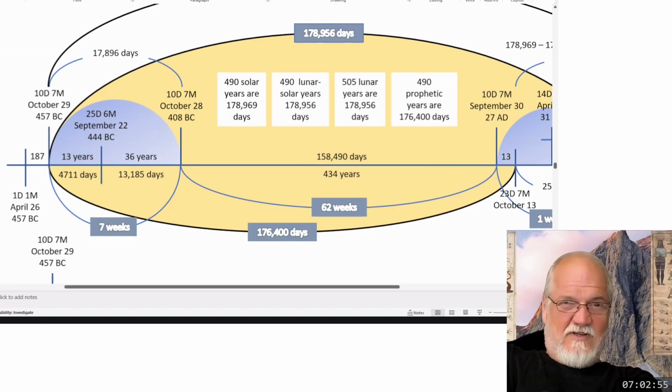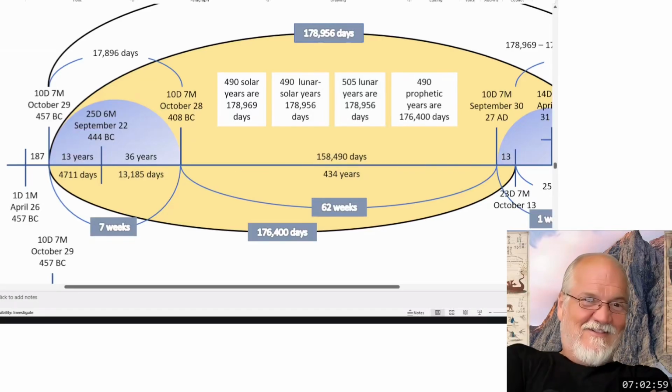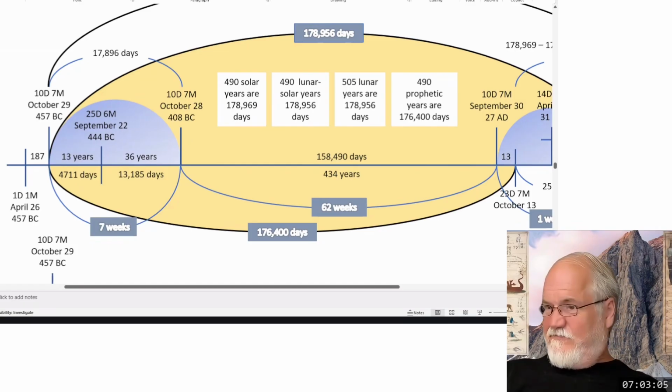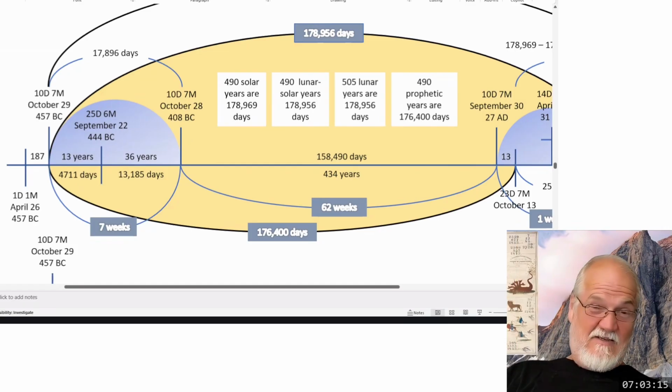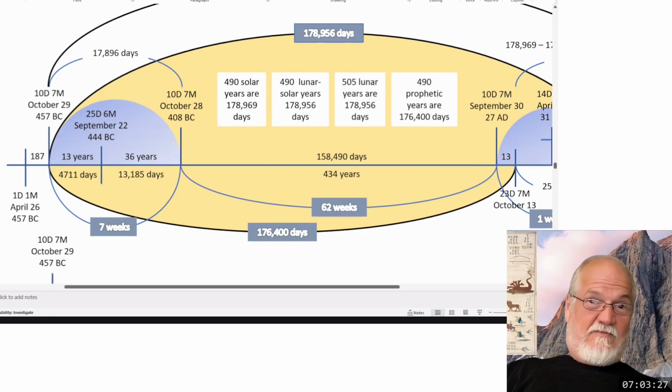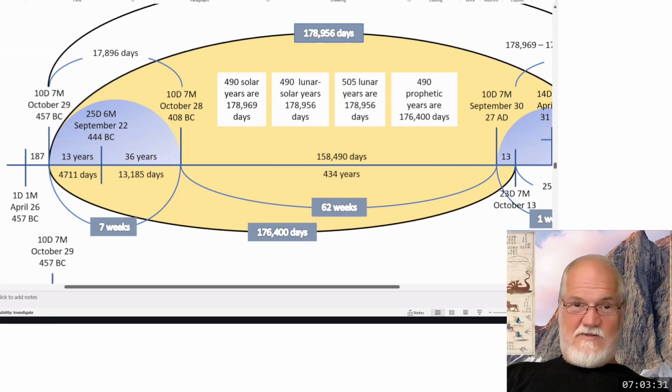So that means there's 15 years worth of leap months, that is lunar solar year leap months. 15 times 12 is 180 extra months, which is 15 years, right?